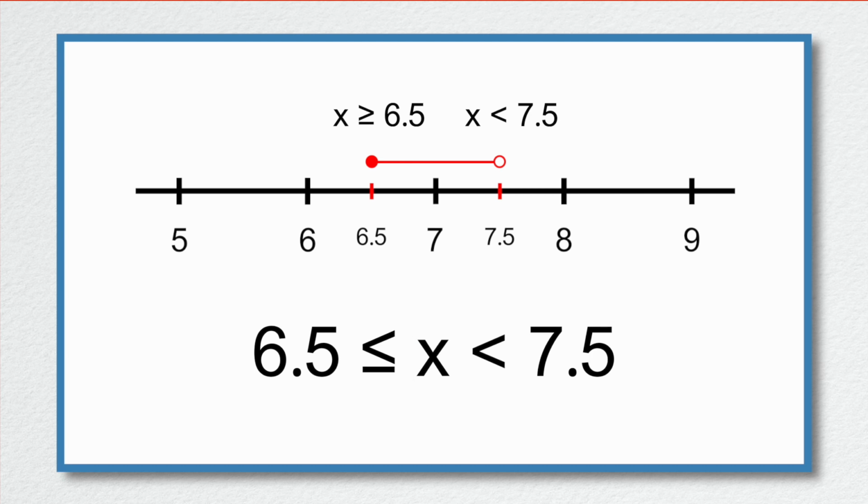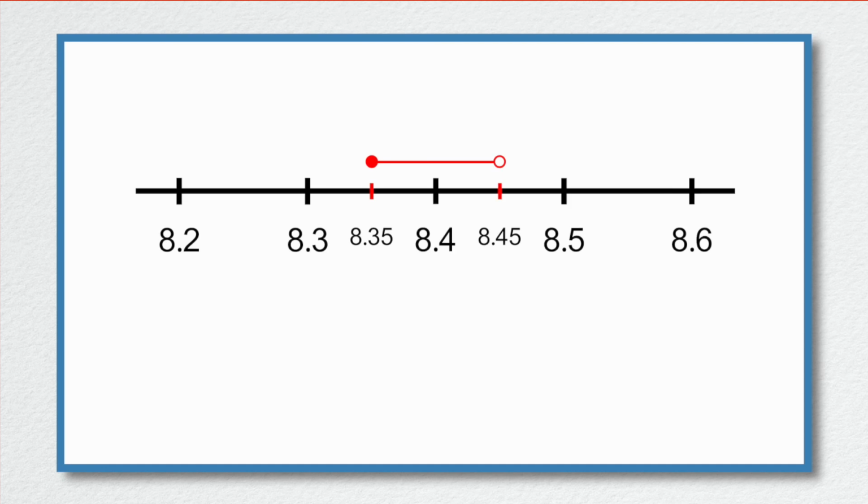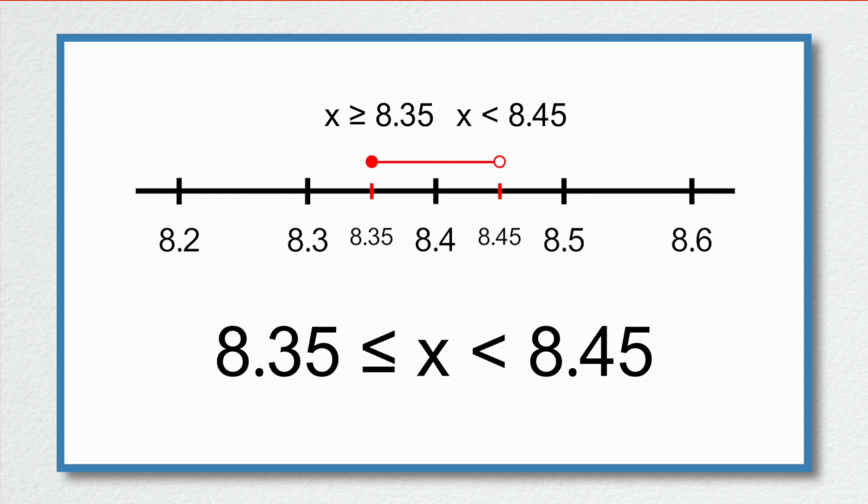So let's continue with the examples. Here's the next one. We have our limits of 8.35 and 8.45. For our lower limit, x is greater than or equal to 8.35, and for the upper limit, x is less than 8.45. And here's how the inequality will look.